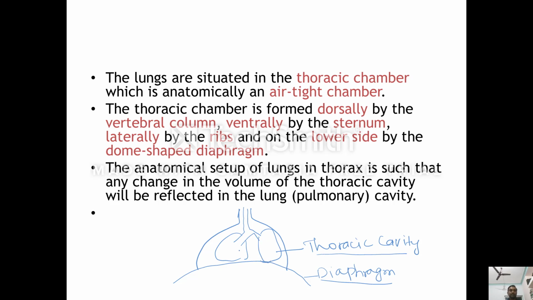In this thoracic cavity our lungs are situated. If we draw a rough diagram, our lungs will be situated like this. So lungs are situated in the thoracic cavity, or we call it the thoracic chamber.